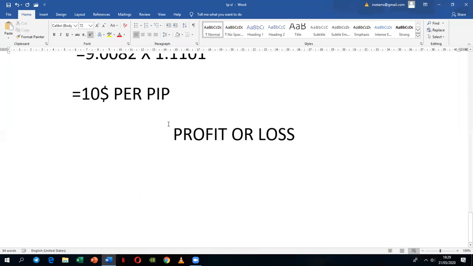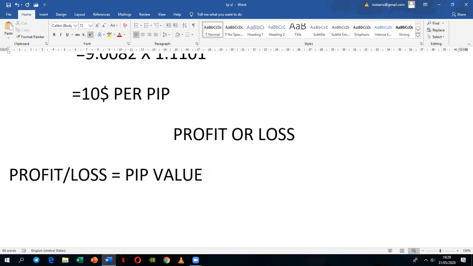So here I'll just give you the formula. The profit or loss will be pip value times number of pips times the lot size.